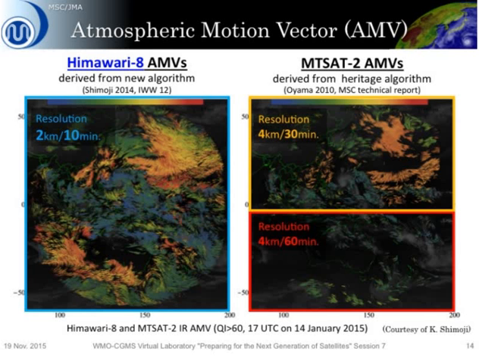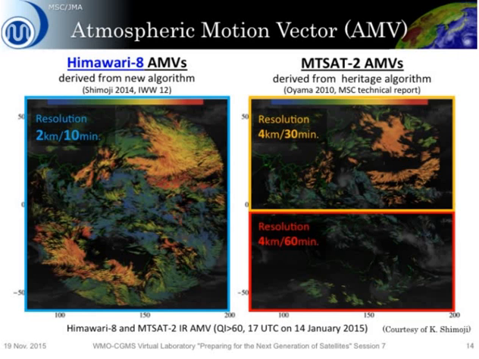Next, I show the atmospheric motion vector, AMV. AMV was also in operation for previous MTSAT product. This product is usually used for numerical weather prediction. Left and right panel shows Himawari 8 and MTSAT 2 AMVs, respectively.